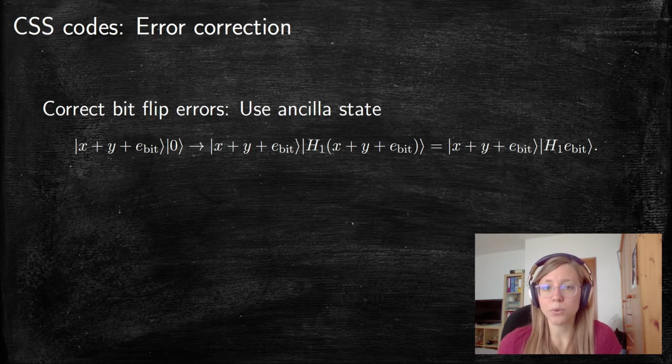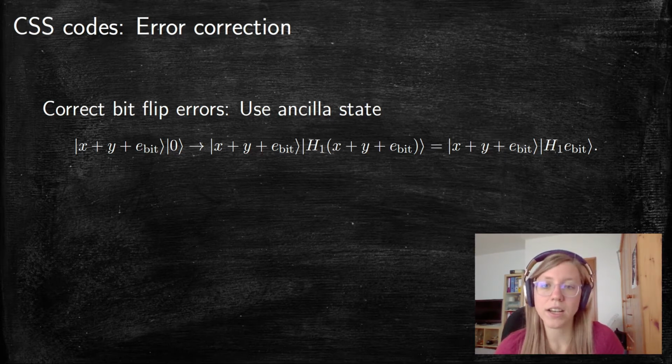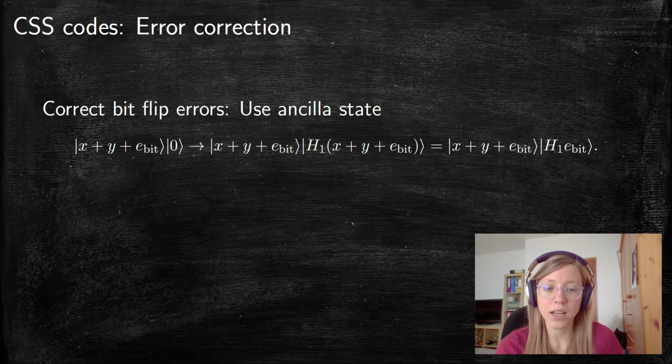Okay, so how do we correct errors? Let's start with bit flip errors. Here we use an ancilla state that is initially in the 0 state. And in this ancilla state, we store the error syndrome. The error syndrome is given when we apply the parity check matrix of the code C1 to the string x plus y plus e bit.